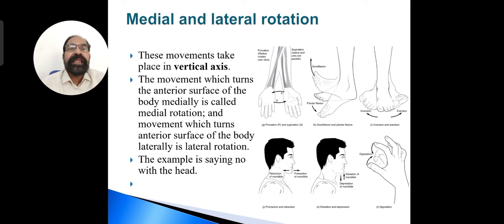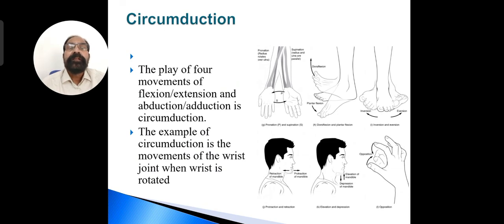The example is saying no with the head. Then circumduction. The play of four movements, flexion, extension, abduction and adduction, is circumduction. The example of circumduction in our body is the wrist joint when the wrist is rotated.